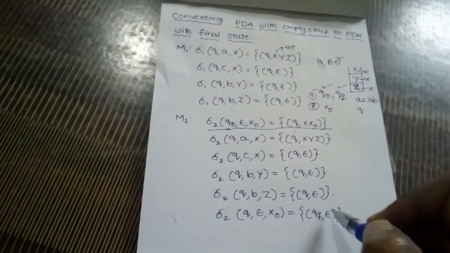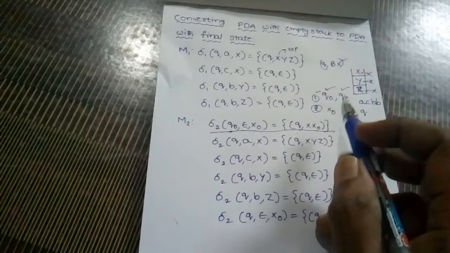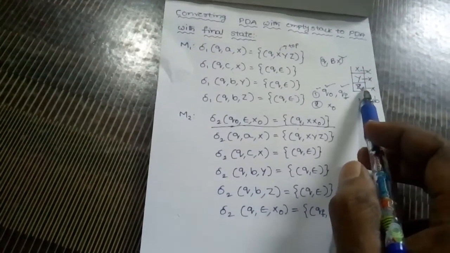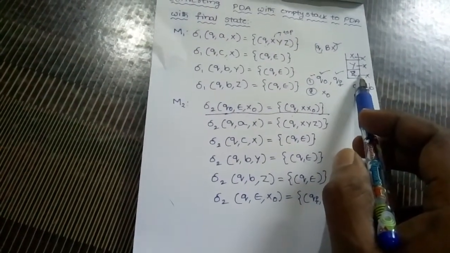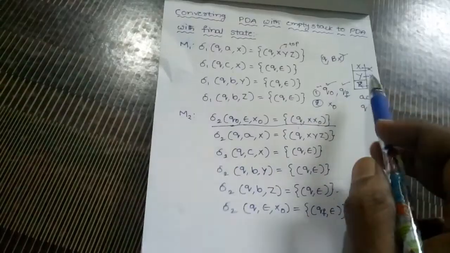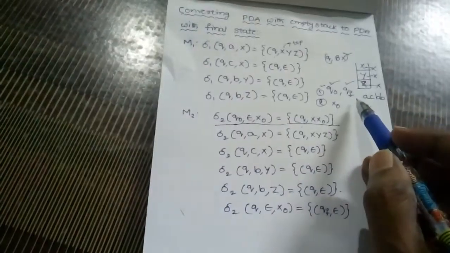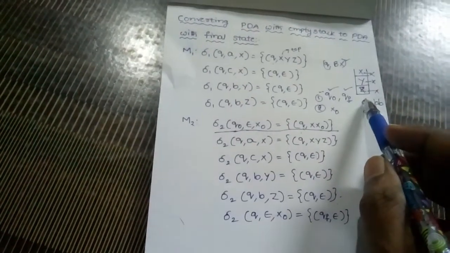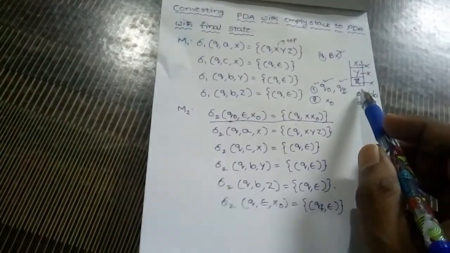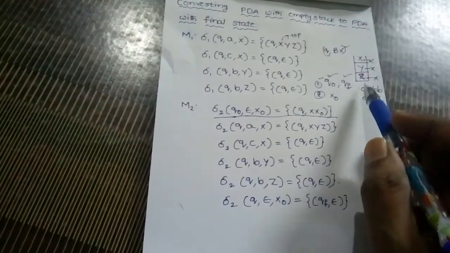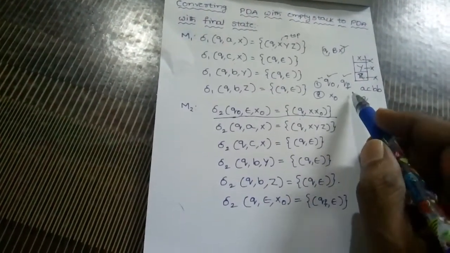And after completing this, if you consider the stack configuration here, you have deleted X, Y and Z, but one more is there. What is that? X naught, which is the new initial top of the stack for the PDA with final state.